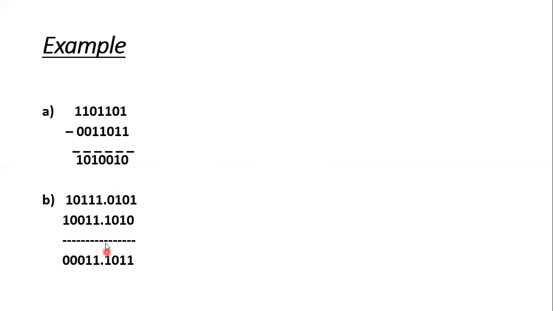So 0 minus 1 is 1, since borrow means it is 0. So 0 minus 1, therefore we borrow from this digit. So this digit is 0. Then again 0 minus 1, so we borrow from this digit, therefore 1. Therefore this becomes 0. 0 minus 0 is 0. 0 minus 0 is 0. 1 minus 1 is 0.